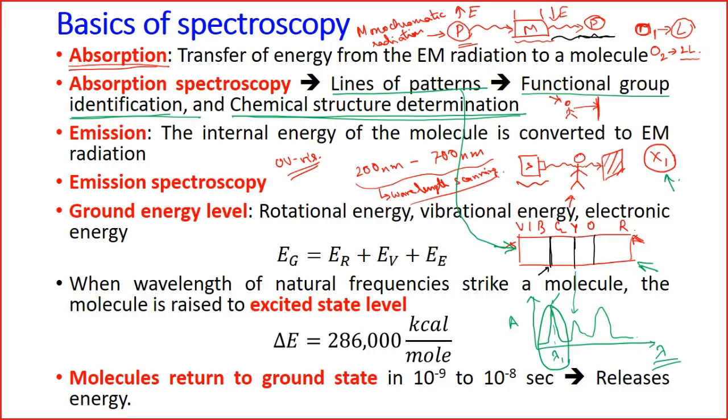Even some functional groups can be identified, especially in the case of IR spectroscopy. We will see later that IR spectroscopy helps us in the identification of the functional groups within compounds. So this is what is there in absorption spectroscopy.